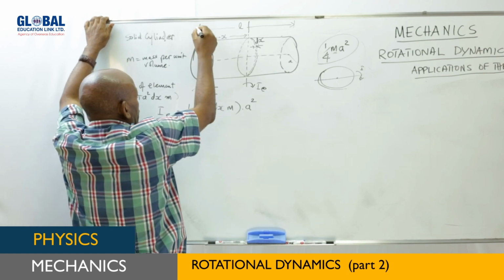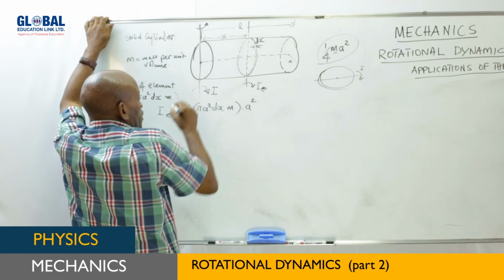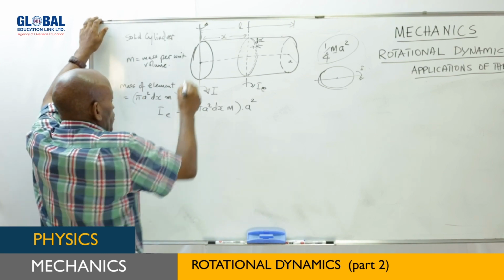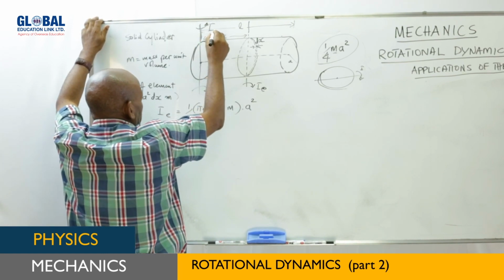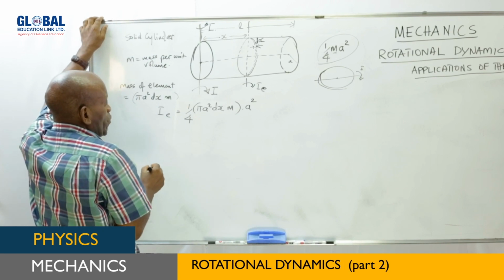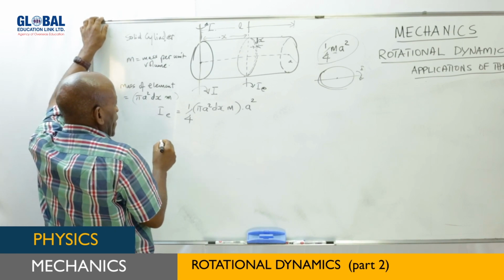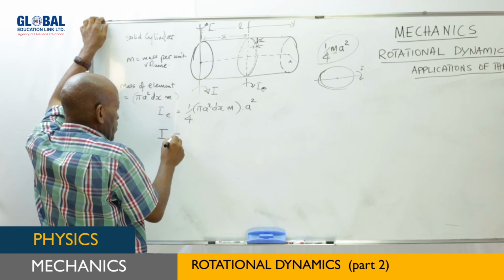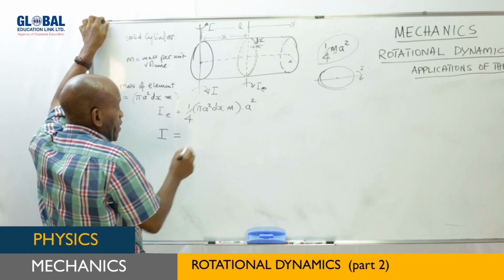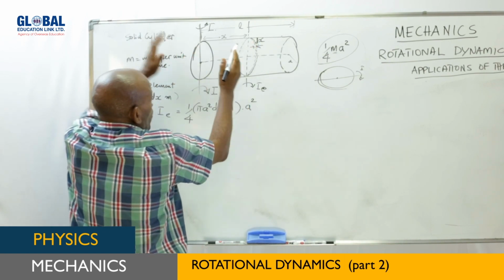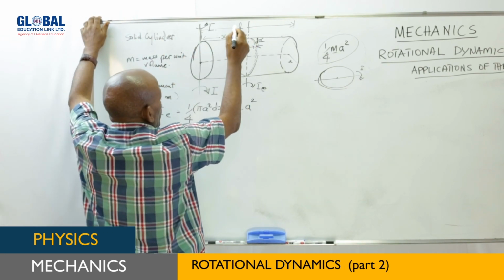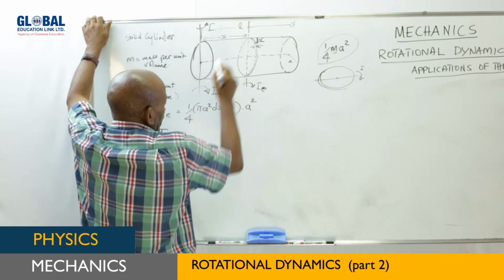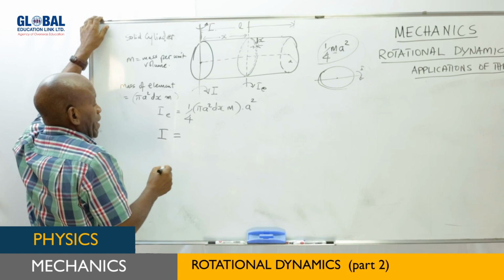Therefore, if I'm now looking for the moment of inertia through this particular axis, I'm just going to use the parallel axis theorem. So the moment of inertia I, by use of the parallel axis theorem, where the distance that separates the two axes is just x for that particular case.